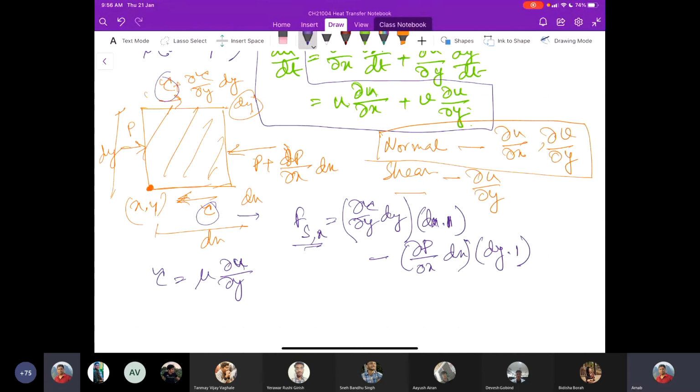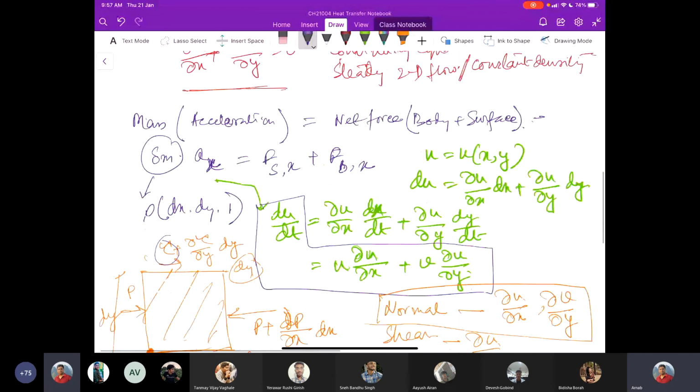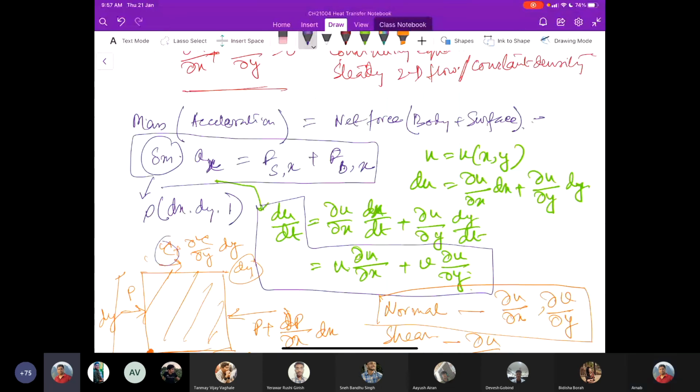Fine. So we apply this expression of Fx, the surface force in the x direction, here. Instead of delta m equals rho dx dy, we apply the surface force expression.